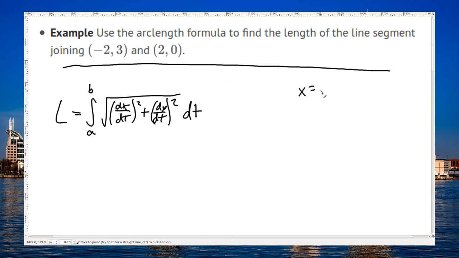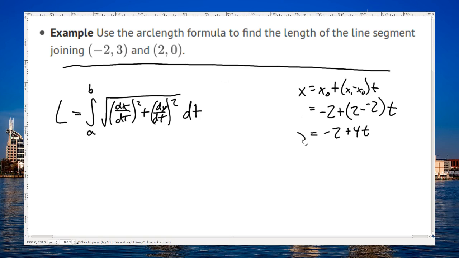We have the formula x is equal to x naught plus x1 minus x naught times t. For this problem, we have the starting x value, -2, plus 2 minus -2 times t. That's -2 plus 4t for x, and dx dt is 4.